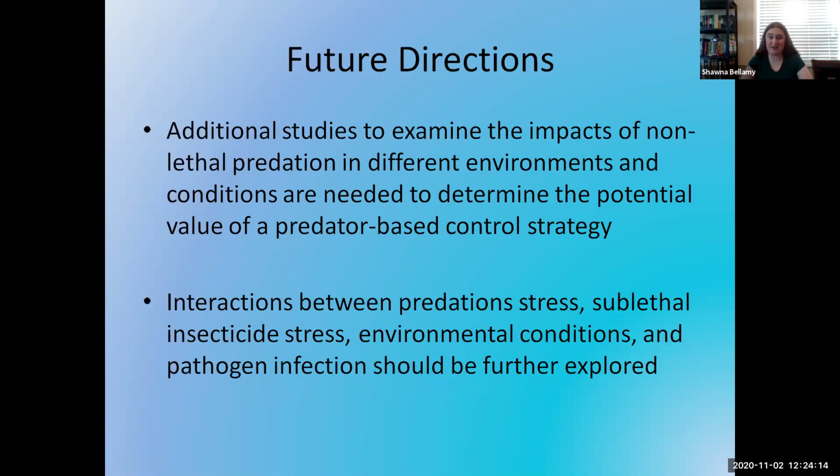Future studies should look at the impacts of non-lethal predation in different environments and different environmental conditions, to assess the value of predator-based control strategies for mosquito control programs. Additionally, interactions between predation stress, sublethal insecticide stress, environmental conditions, and pathogen infection should all be further explored.